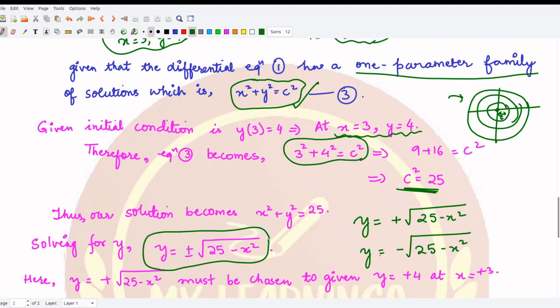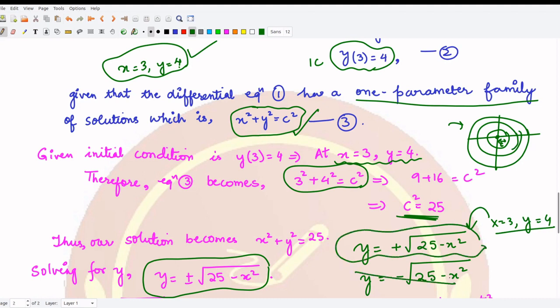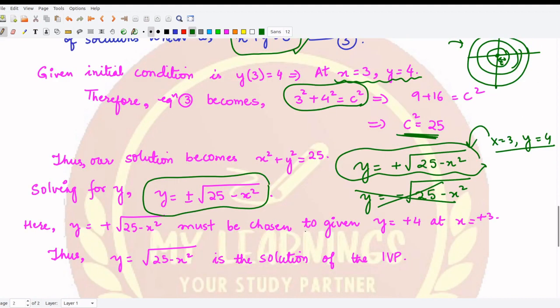Why? Because for the initial condition x is equal to 3, we have y is equal to 4, because this is the condition that is given to us. Only the positive branch satisfies this condition, the negative one does not, hence we take only the positive branch, and it becomes the solution to our initial value problem.